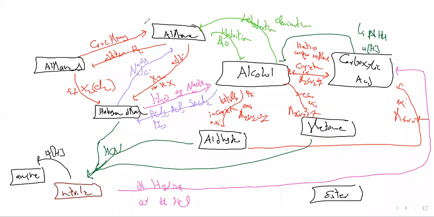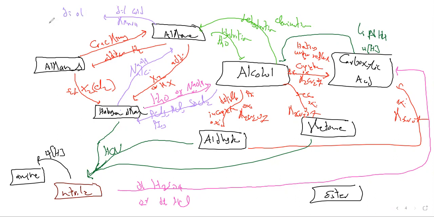In case of adding potassium manganate to alkene, cold, so in adding diluted cold potassium manganate, it will form diol.